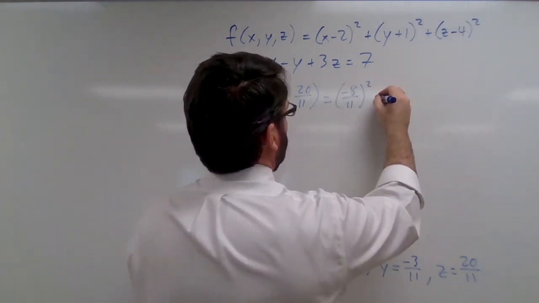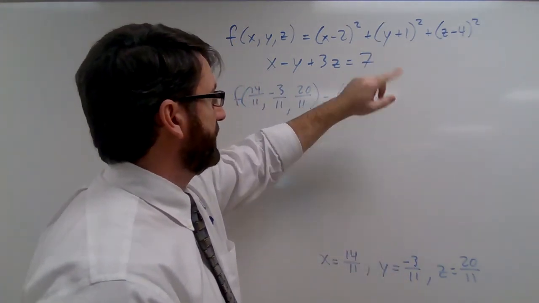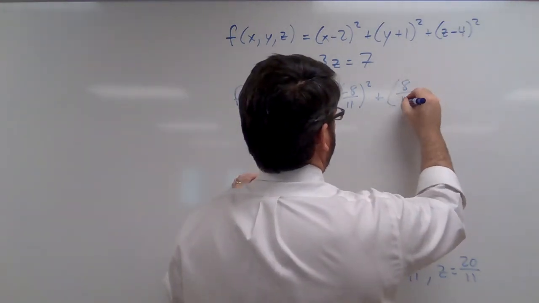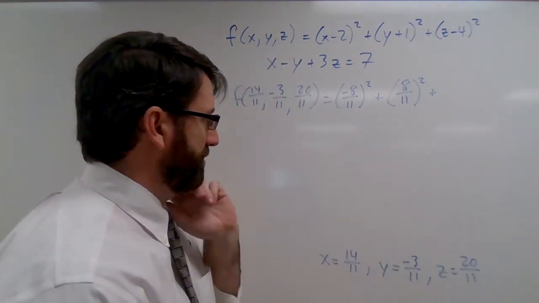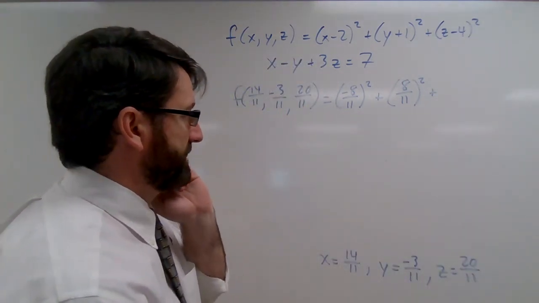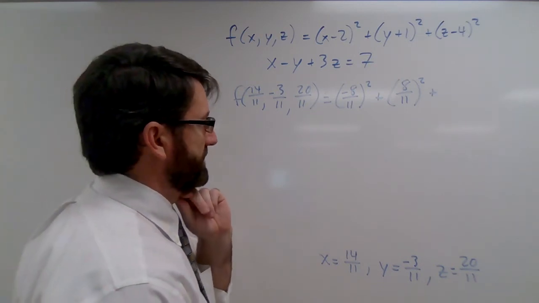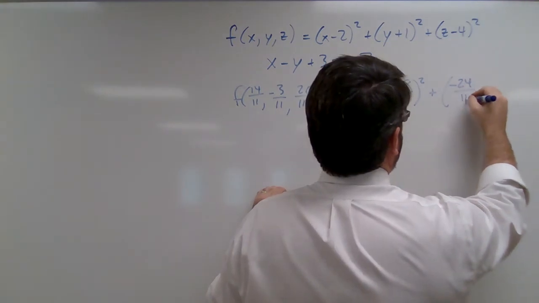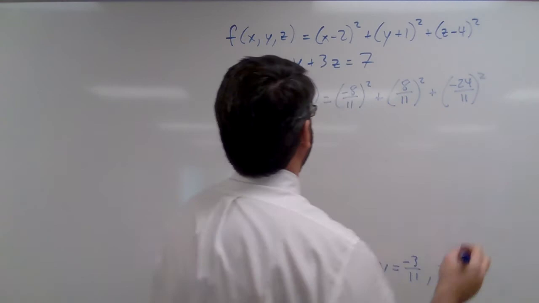We're going to square that, plus negative 3/11 plus 1, which is positive 8/11 squared. And then z minus 4, so 20/11 minus 44/11. That's going to be negative 24/11, and that's squared.